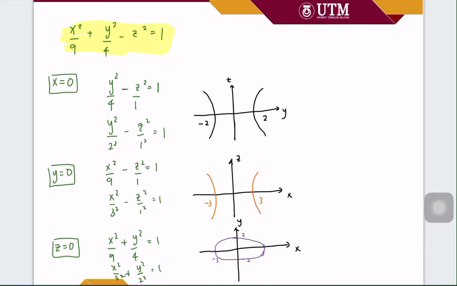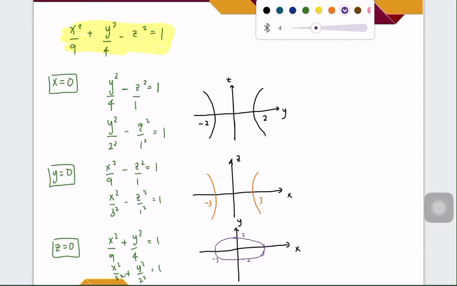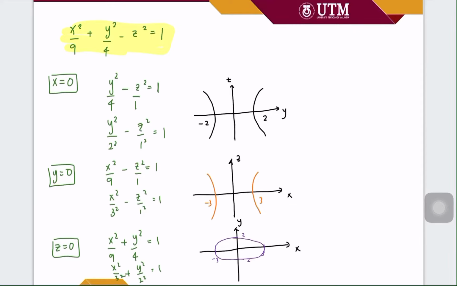Now we want to merge these graphs into 3D, with y, x, and z.